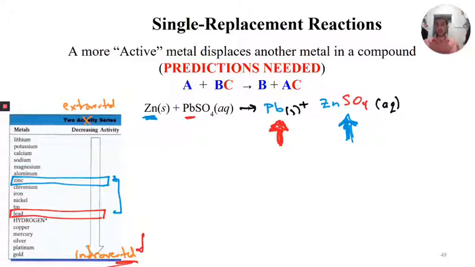The same thing happens here. Our reaction when we go through to balance it out is the plan. Whether that plan actually happens is dictated by the chemistry, and that's our activity. Okay? So we have two layers of interpretation that we have to move through when looking at our single replacement reactions.